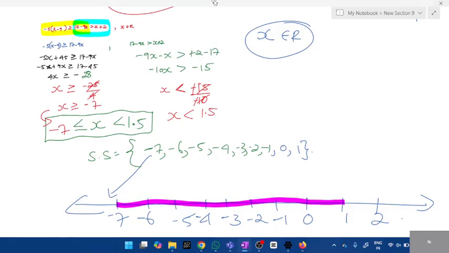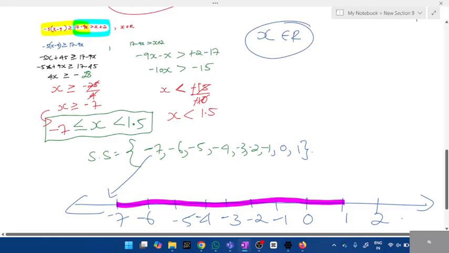Now tell me the points. What kind of point should I place on minus 7? Is it less than or equal to? So should I place a darkened circle or a hollow circle when it is equal to? Yes, if it is equal to, we place a darkened circle. Here, you place a hollow circle, less than 1.5.